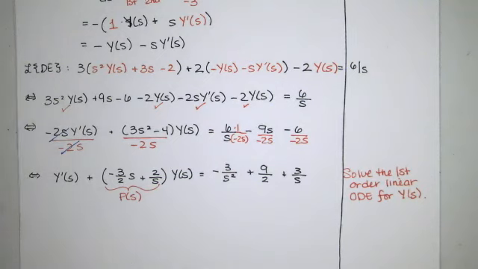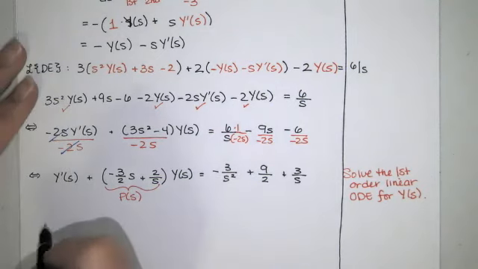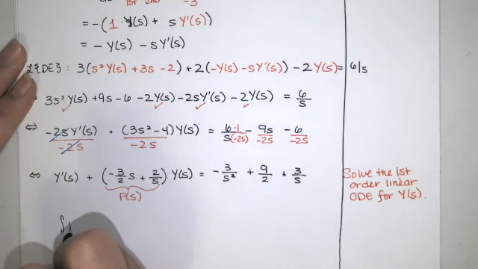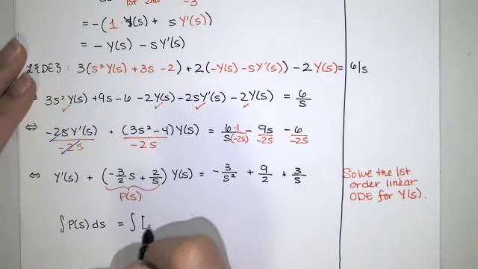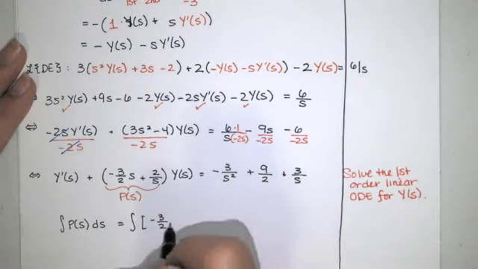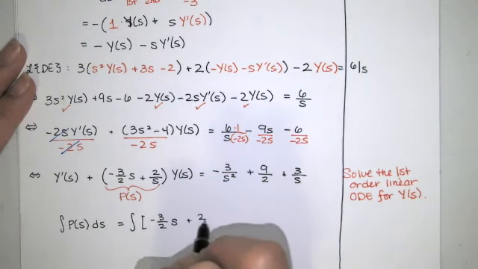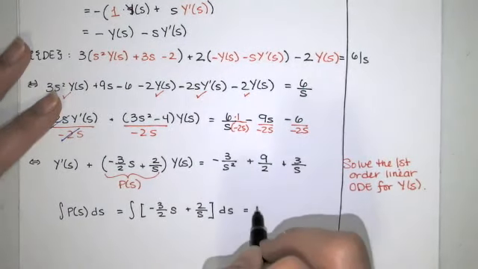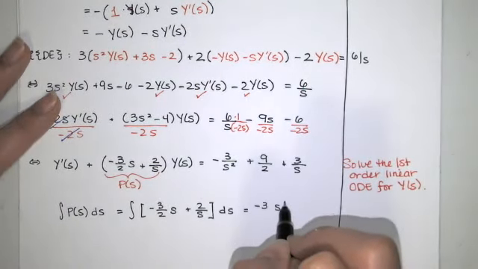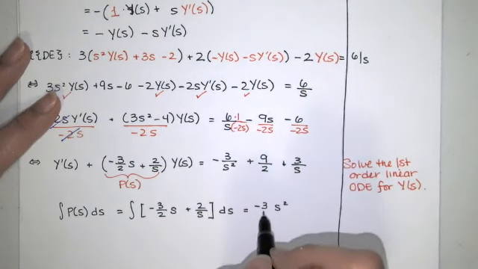Now in order to solve this, we need to compute the antiderivative of p of s. That's the antiderivative of negative 3 over 2 times s plus this. So we'll use the power rule, add 1 to the exponent, divide by the new exponent.